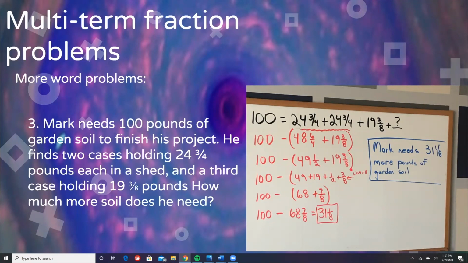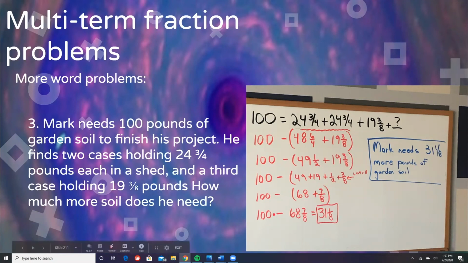And what that's going to be is 8. 1/2 will be the equivalent of 4/8. So what happens? We wind up with an expression that says 100 minus 68, 49 plus 19, and then we still have to add our 7/8.